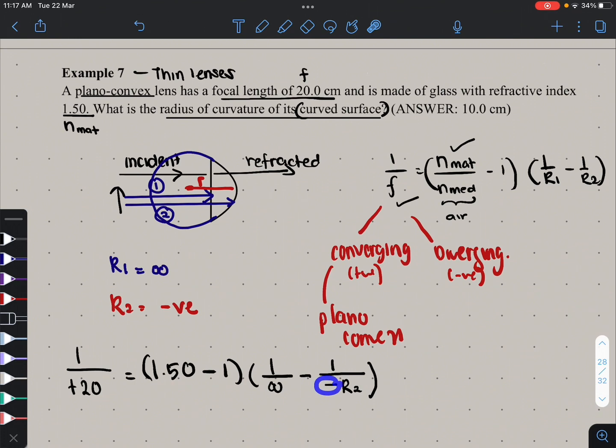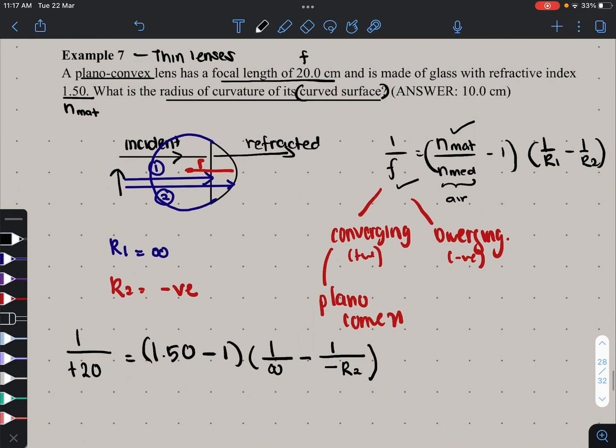The sign must be substituted, because this equation has to consider the sign convention. When you press your calculator, you will end up with 0.5 multiplied by positive 1 over R2. 1 over 20 divided by 0.5 gives the answer. So the radius of the curved surface is 10 cm.